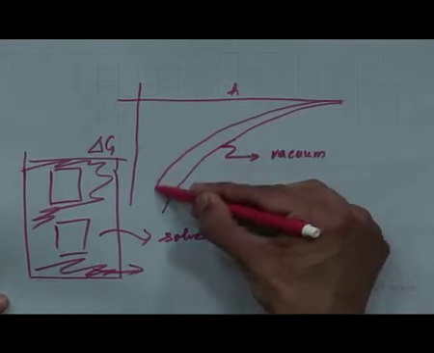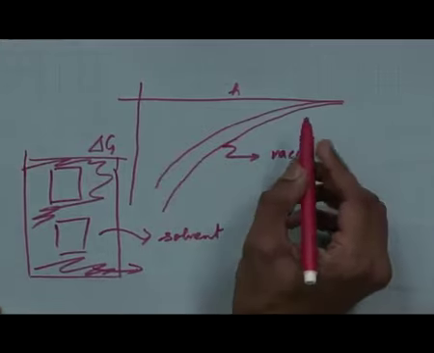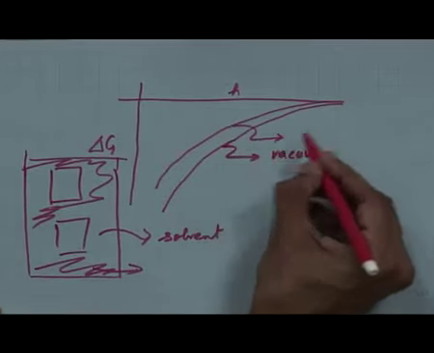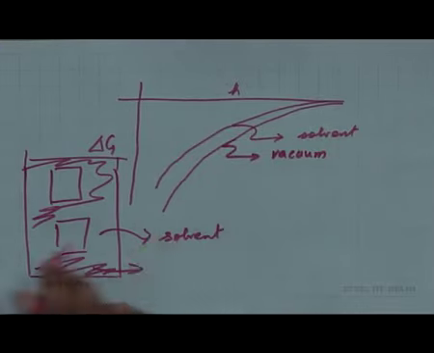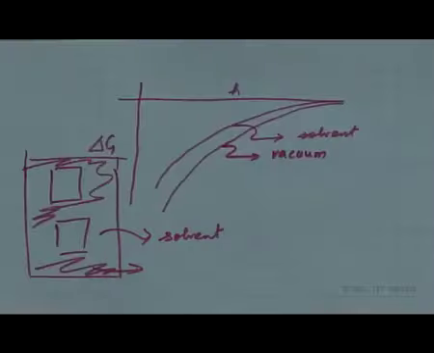So, when you have the presence of a solvent, this energy requirement is lesser. From this picture it appears that naturally you would expect the two colloidal particles to come together, because that is energetically favorable.